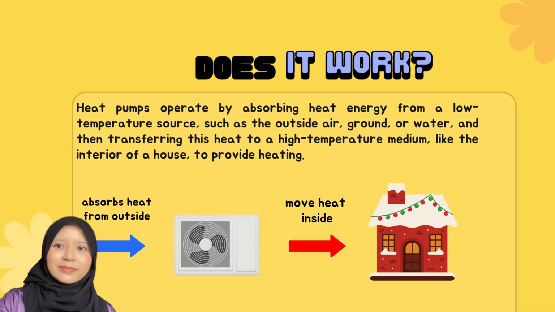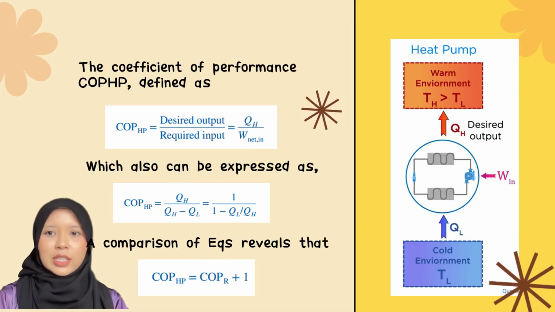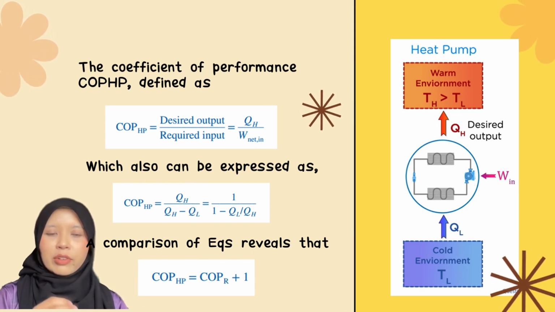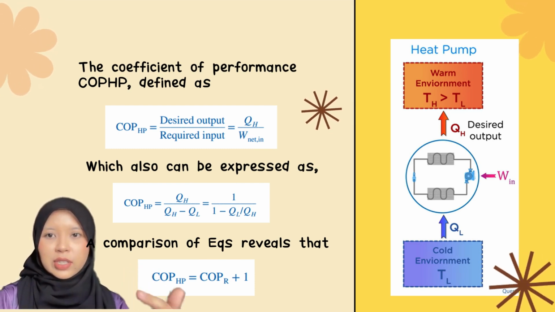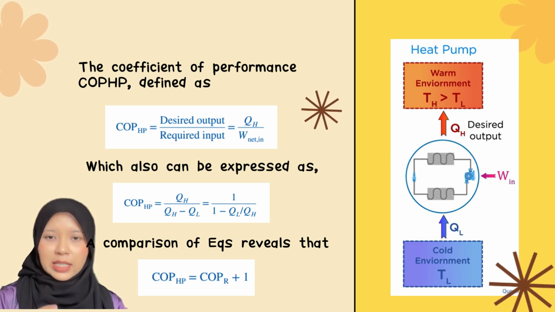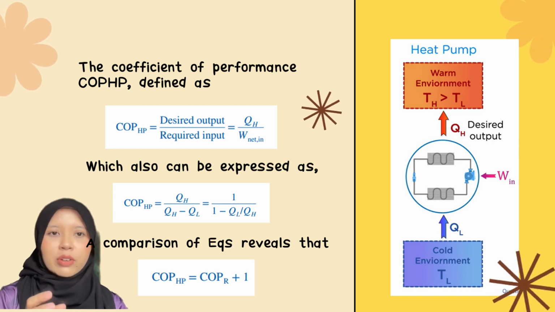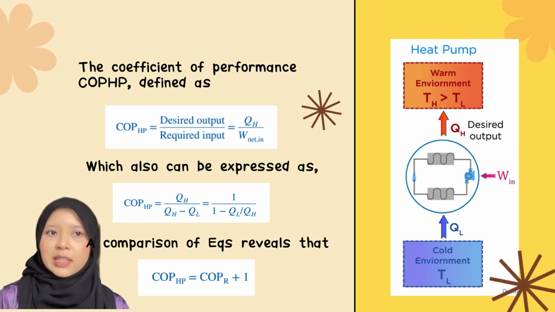As you can see, this is the diagram of heat flow in the heat pump, where the cold environment is TL and the transferred heat is labeled as QL, and then through the coil is work done in, and our desired output is QH. So the warm environment, TH, is larger than TL.